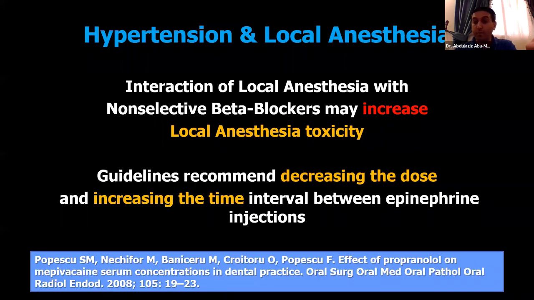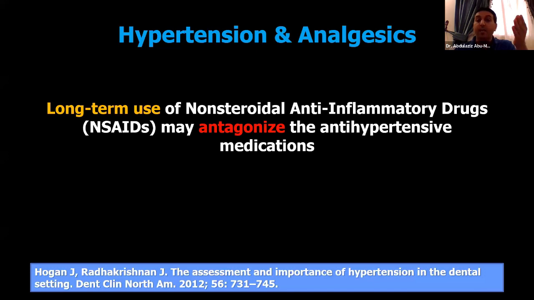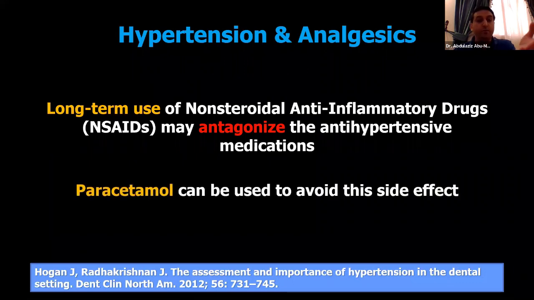For the analgesics, NSAIDs like ibuprofen should not be used. The safest that we use is paracetamol, acetaminophen. This is the best thing you can use with these patients, either normal or pre-hypertensive.